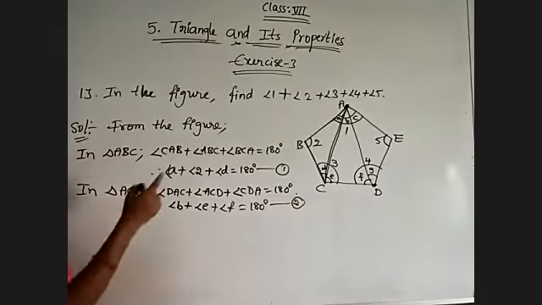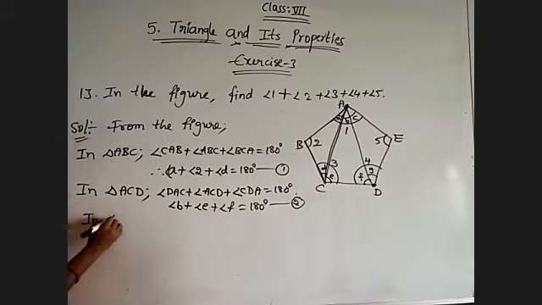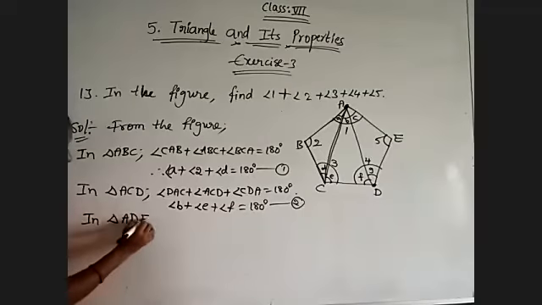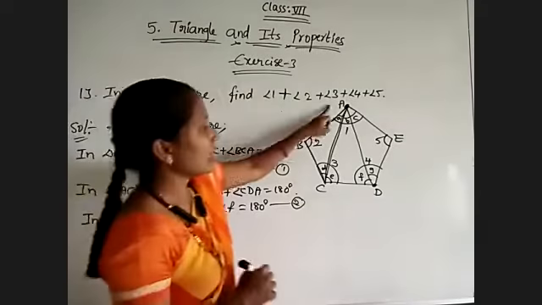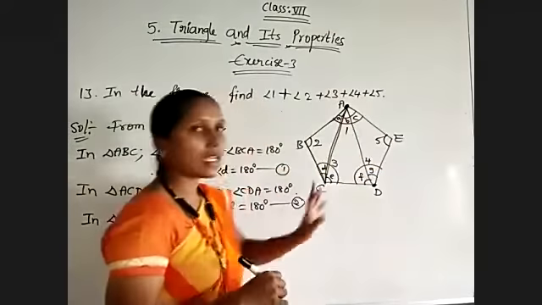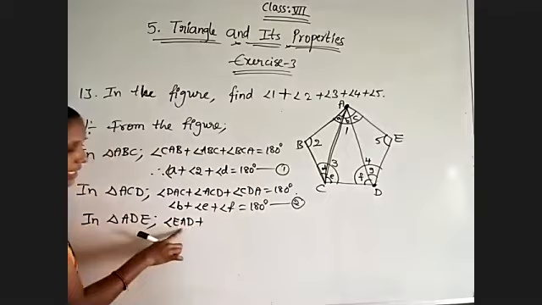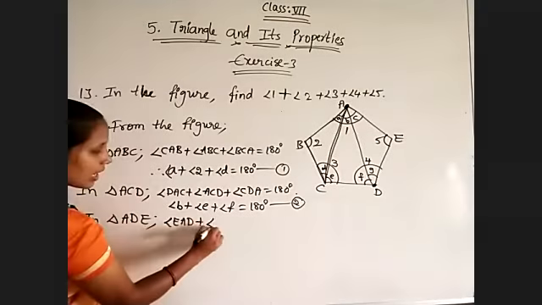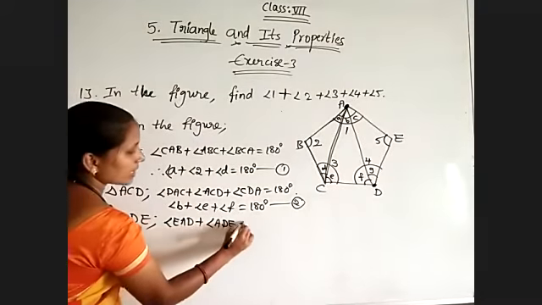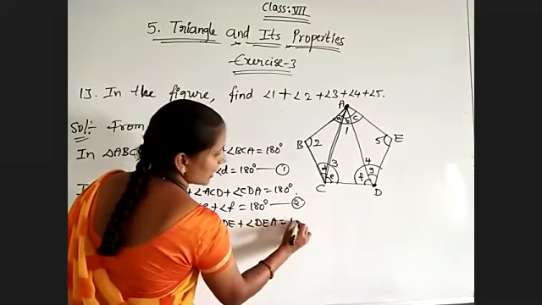Okay. Now coming to the third triangle ADE. In triangle ADE, the last letter is E. So angle EAD plus, here the second letter A, angle ADE plus angle DEA will be equal to 180 degrees.